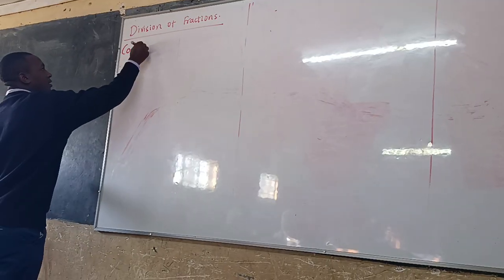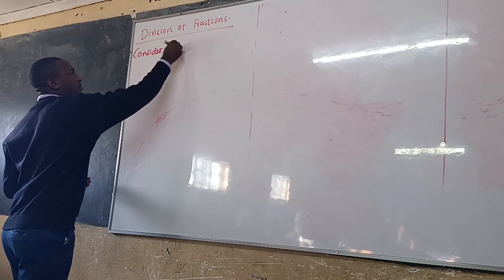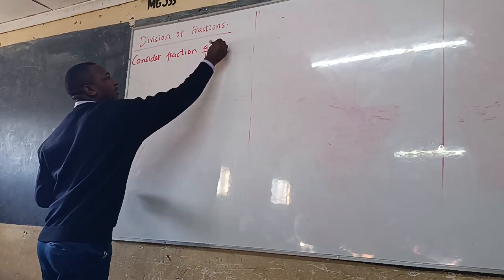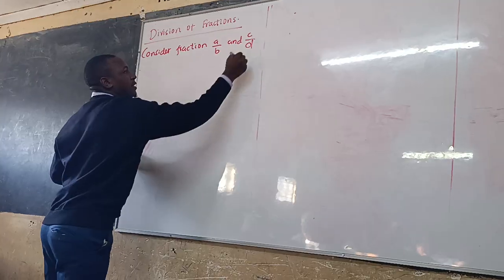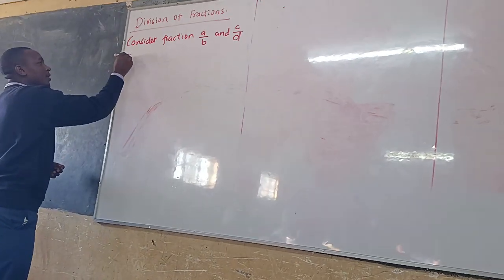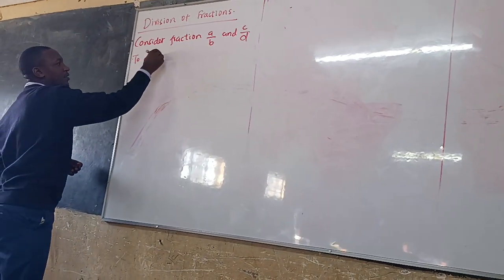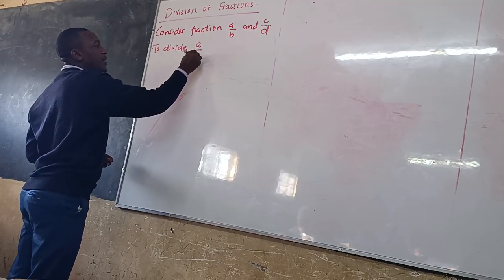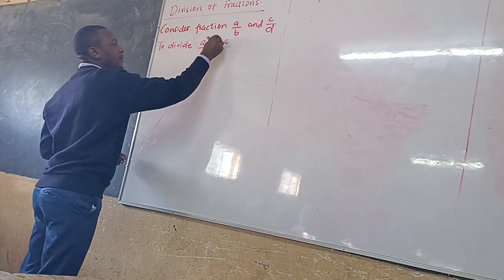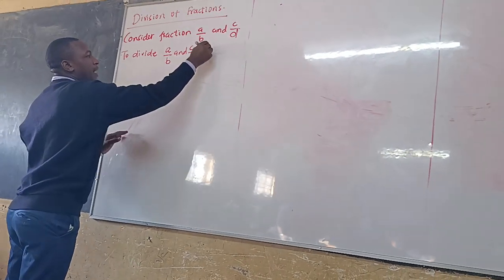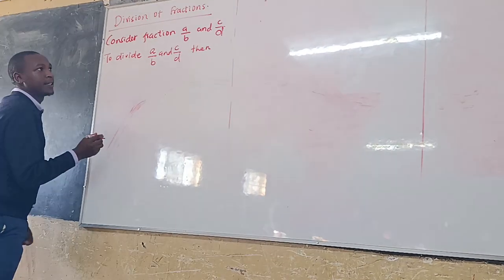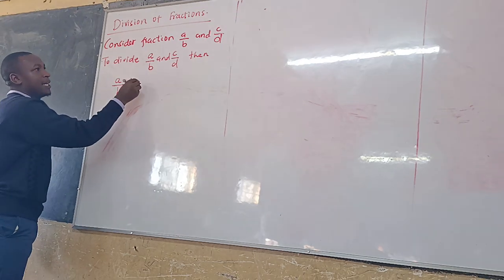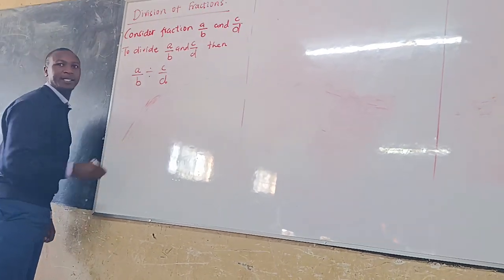Consider fractions A over B and C over D. To divide A over B and C over D, we say A over B divided by C over D.